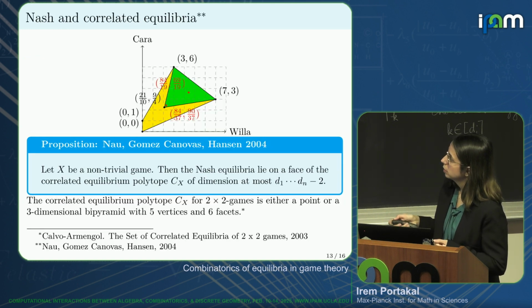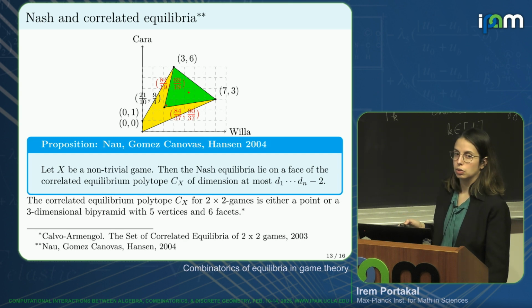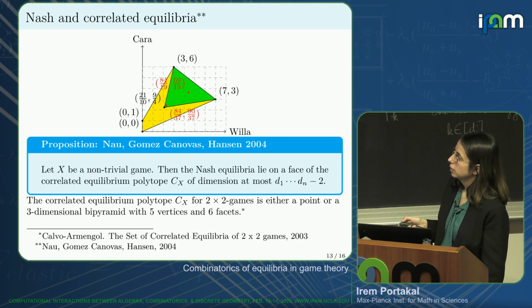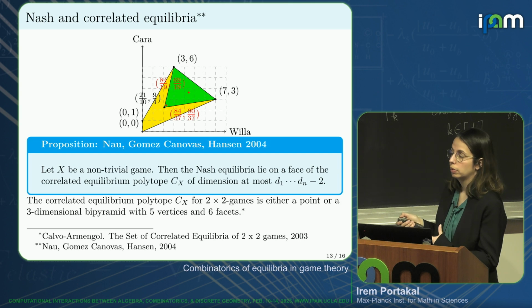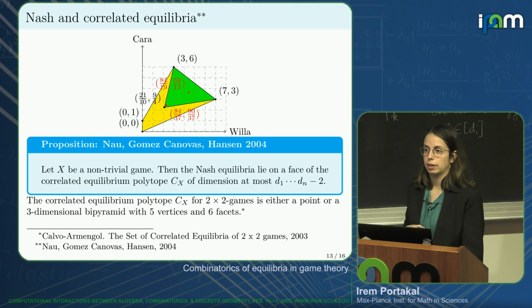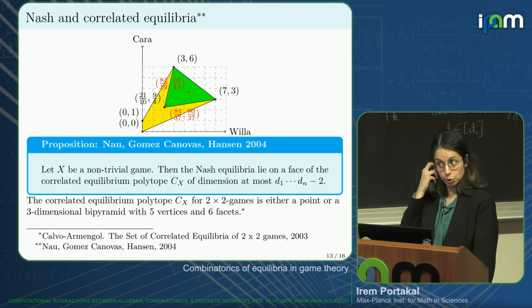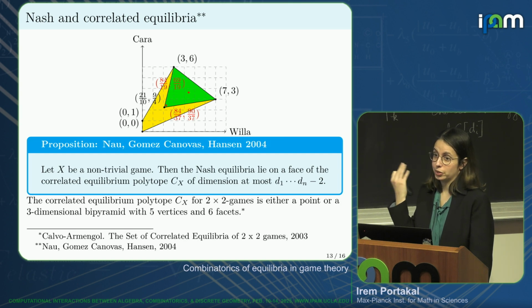Here, the yellow one was the projection of the probability simplices, we had these 3 Nash equilibria, and the green one is the projection of the correlated equilibrium polytope. The previous result says you can start with any polytope and it will equal such a projection for a game. It's pretty strong, so we should use results from polyhedral geometry or combinatorics to attack these. Yes?